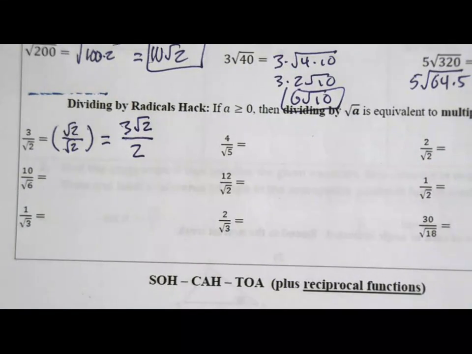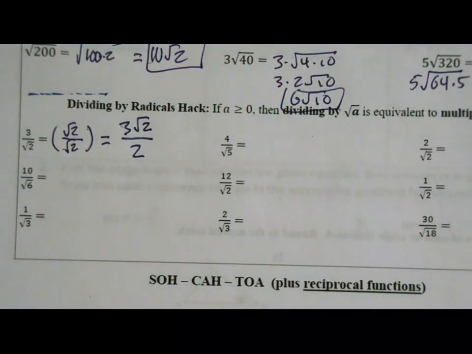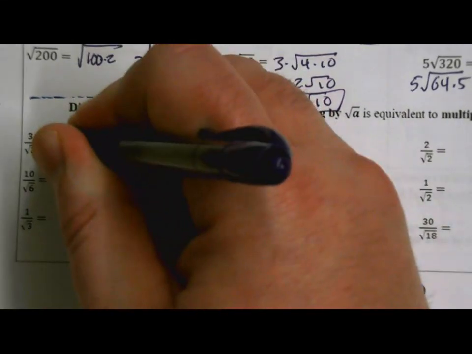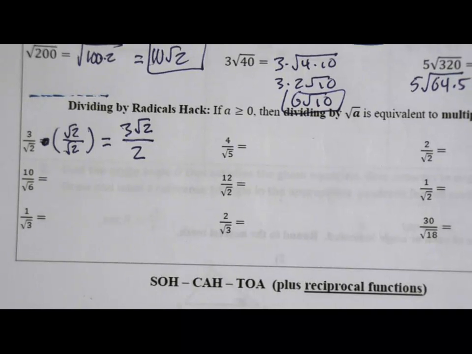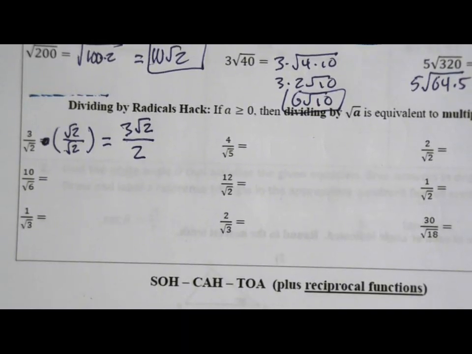Okay? And that's great. But I don't want you writing all that stuff down anymore. That's a multiply now. Because there's a faster way to do this. And I want you guys to be quick with this because you will be rationalizing. We'll probably do this like 500 times in this unit. You'll be rationalizing a lot of fractions in this unit.